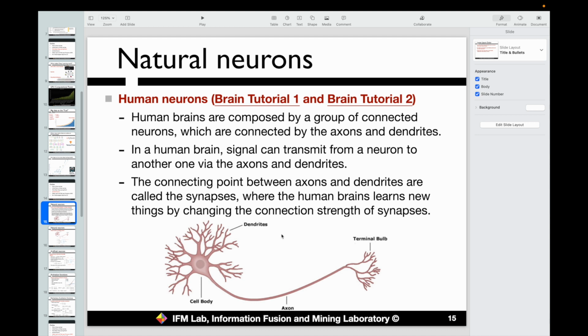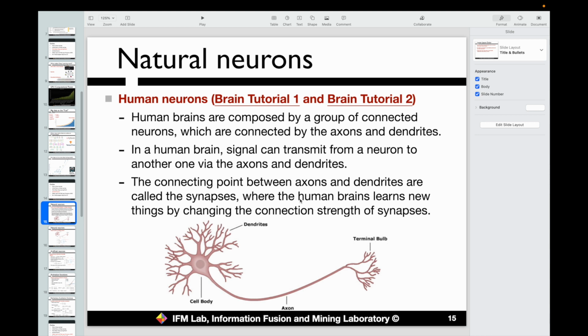So you can see, this neuron accepts inputs from other neurons via its dendrites, and combines all the inputs. If the input is strong enough, it will be activated and fire one signal to the following neuron via its axon. The signal is sent via the connecting point between the ending point of the axon and the dendrite of other neurons.